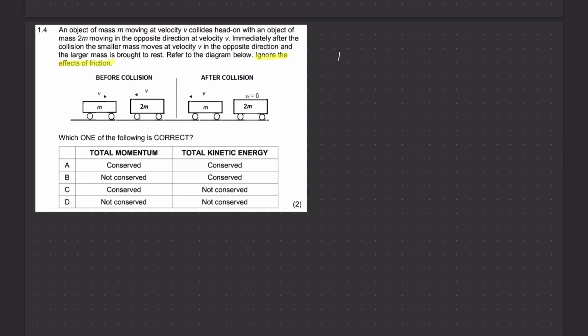So if they tell us to ignore friction, that means the system is isolated and it means that momentum is conserved. So we can take that as a clue. So immediately B and D are eliminated.